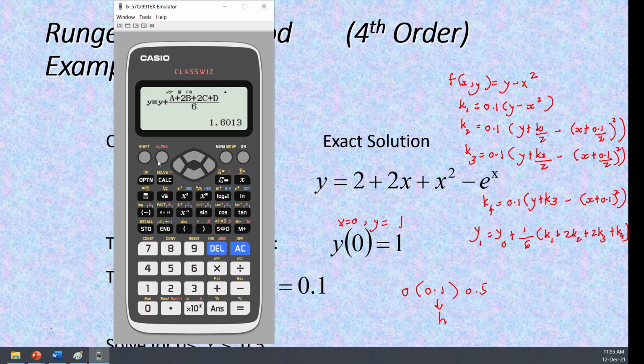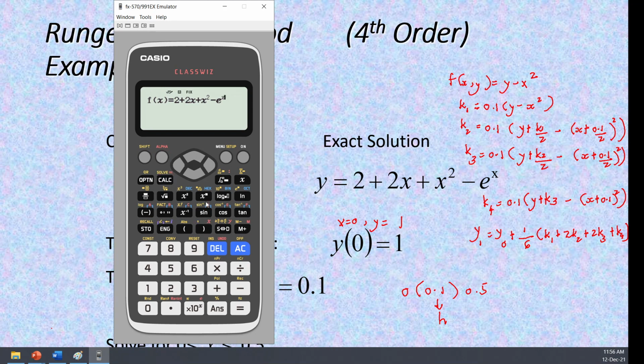You may go to your table menu. Key in 2 plus 2 alpha x plus alpha x squared minus exponent x.